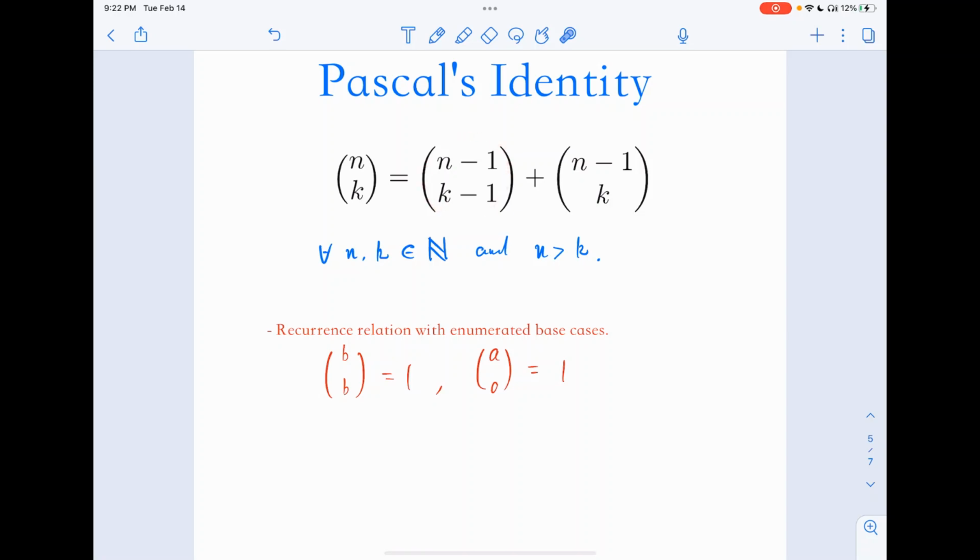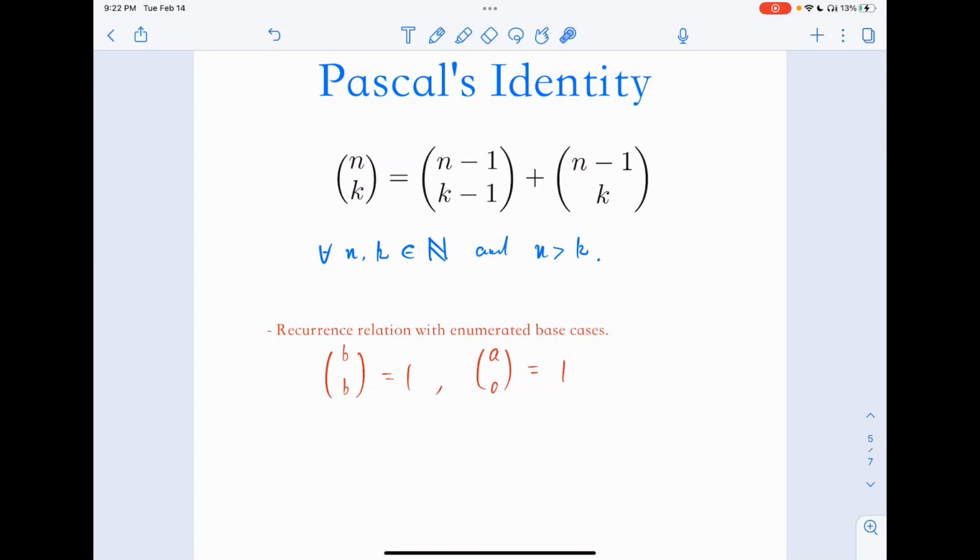The first term preserves the difference between the first entry and the second entry, whereas the second term decreases that difference by 1. So by repetitively applying Pascal's identity, I'll eventually diminish the difference between the first and second entries to no difference at all, in which case I encounter this first base case that shuts off the recursion.